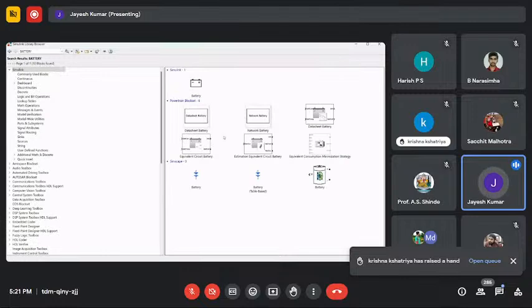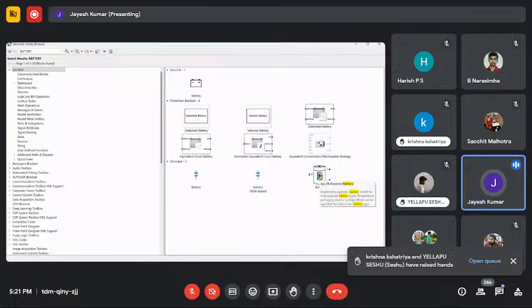So here you can see that I typed battery. There are a normal battery and a table-based battery, so it can have different types of response signals, and you can also change the battery internal resistance. But I choose this battery because in it you can easily show the SOC, or state of charge, and the current and battery voltage response. So I choose this one.